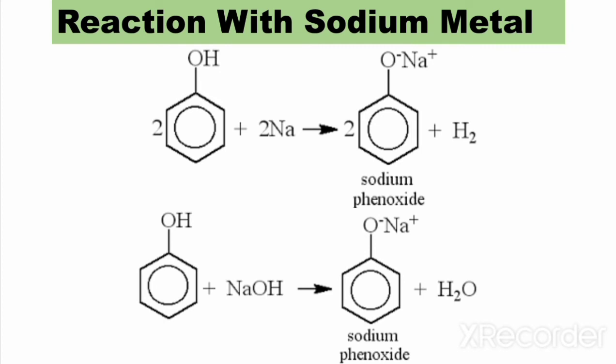So basically, when we take phenol and add sodium metal, we have a final product that is sodium phenoxide, because sodium in this reaction will act as an electrophile, and then it targets the hydroxyl group on the phenol and replaces the hydrogen from the hydroxyl group.